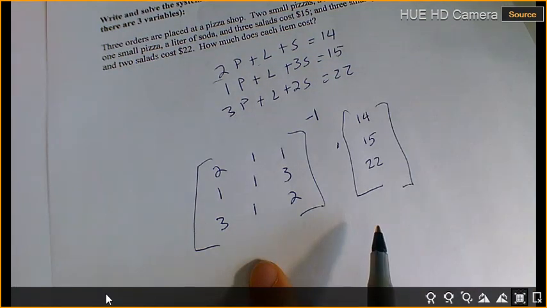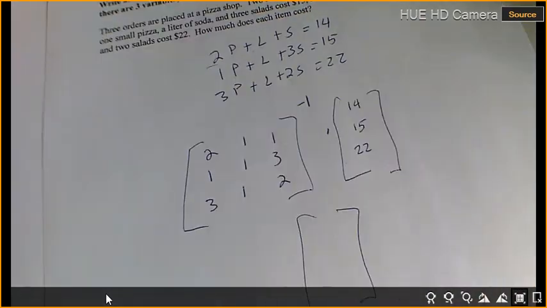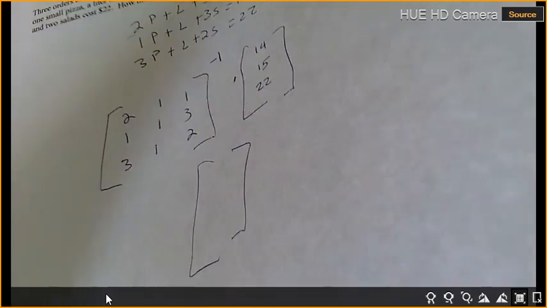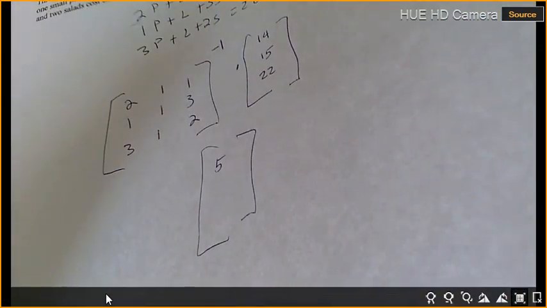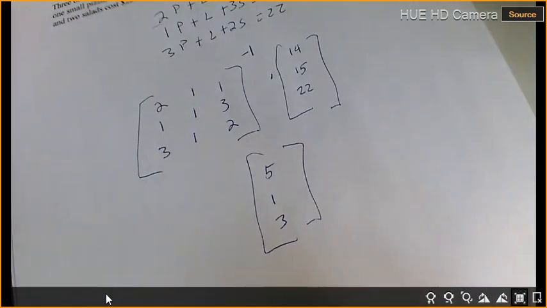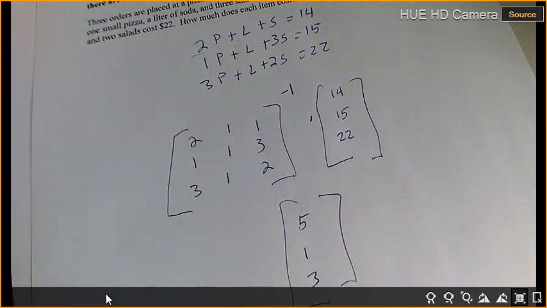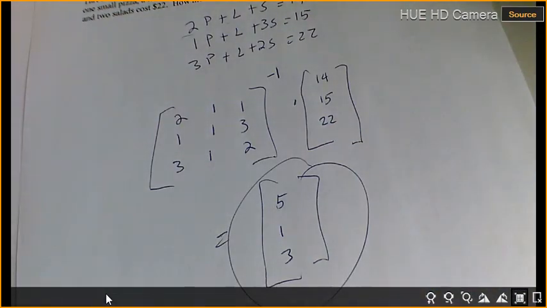When I put this in my calculator, it gives me 3 numbers, and it will give it to me just like this. It will say pizza's 5. It'll say liters 1, and it'll say soda 3, and it'll be done. I just have to put this in my calculator, and it gives me this as my answer, and I'm all 100% finished.